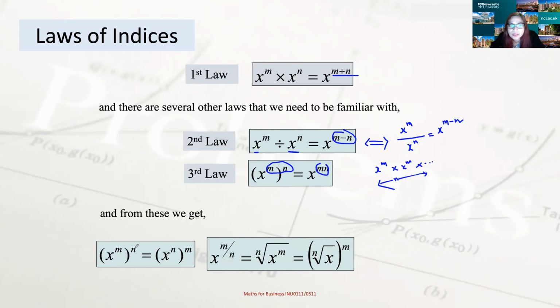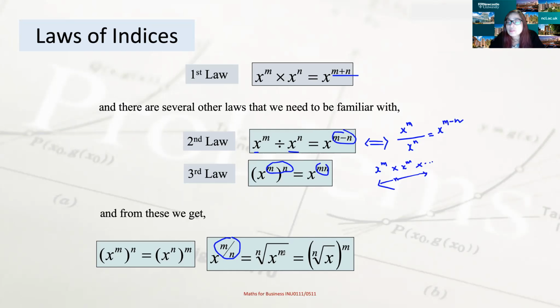And then the most important one. The power can be a fraction, just like in numbers. So you can either write it as the nth root of x to the power of m, or x to the power of m, take the root of it n times.